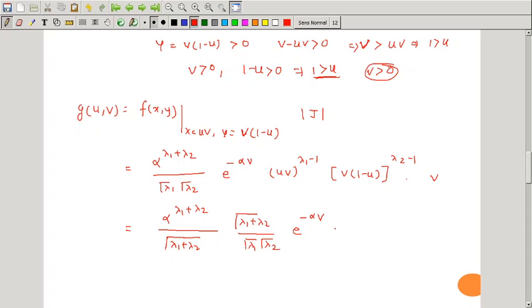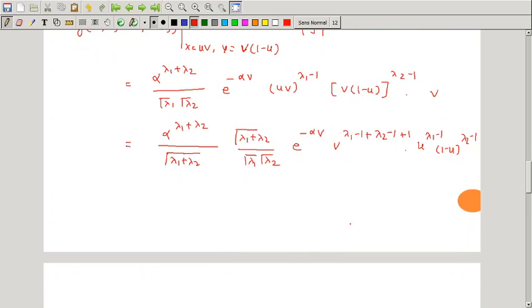I have separated the terms of v and the terms of u. So v raised to lambda 1 minus 1 plus lambda 2 minus 1 plus 1, into u raised to lambda 1 minus 1 and 1 minus u raised to lambda 2 minus 1. These are the equations of the joint PDF.